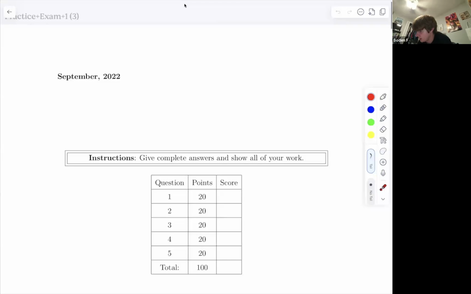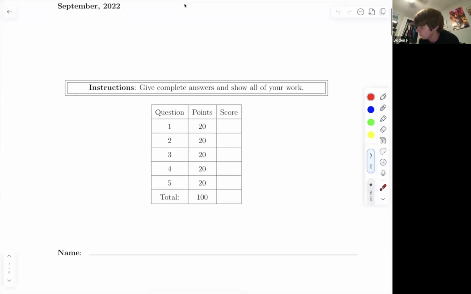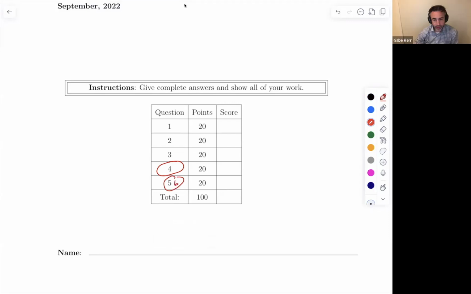The only things I had real questions about were four, because the wording seemed too open-ended, and then 5B, because it asked about nullity, and I don't think we talked about that. Yeah, okay, I can explain that.